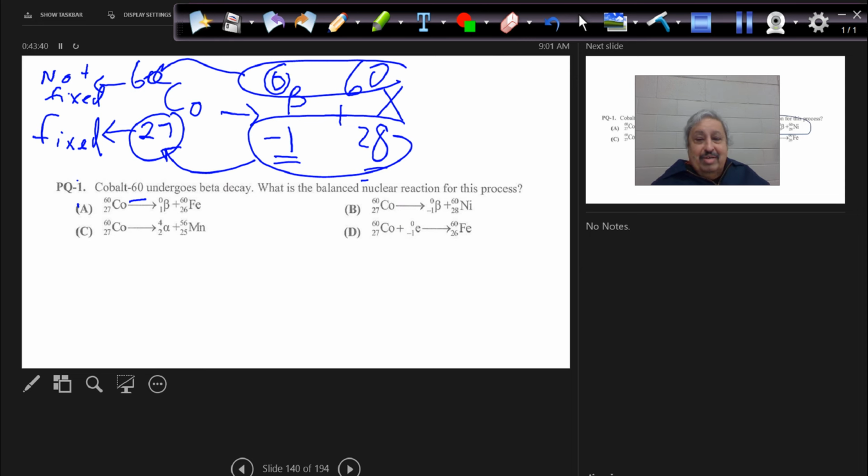So the element has atomic number 28 and atomic mass 60. 28 is nickel. Perfect. So which one of these four equations is the correct one? Not iron, not manganese, it is nickel, correct?